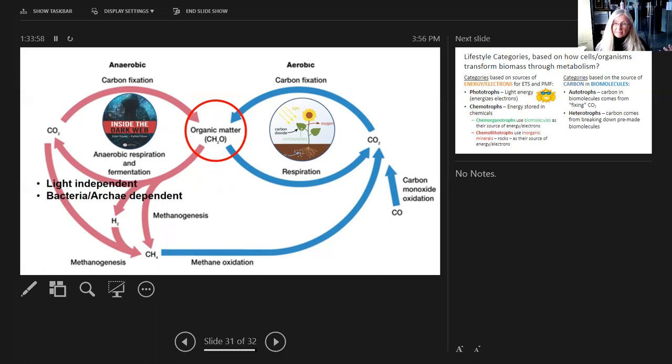But this is an essential part of the recycling of carbon in our environment. It's often forgotten and neglected, right? When we talk about carbon and CO2 and global warming, we have to pay attention to this too, because the microscopic organisms doing the dark web outnumber the macroscopic ones doing this side of the pathway by a huge amount.